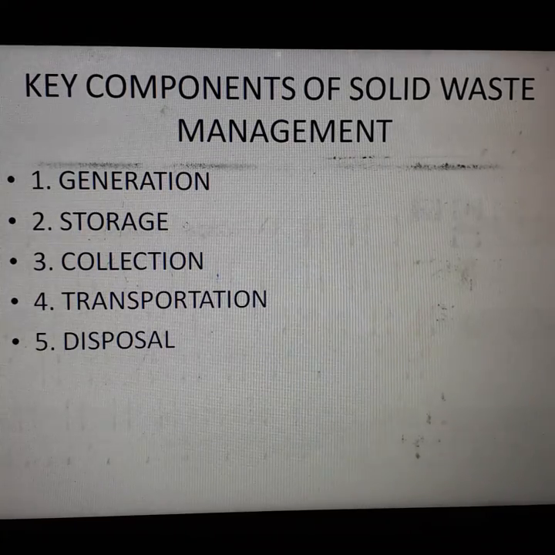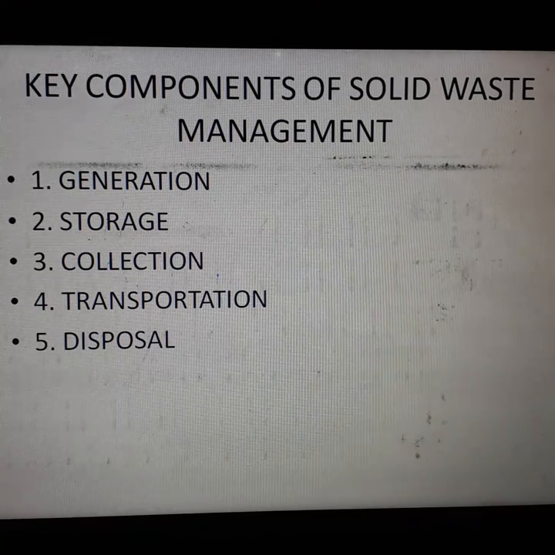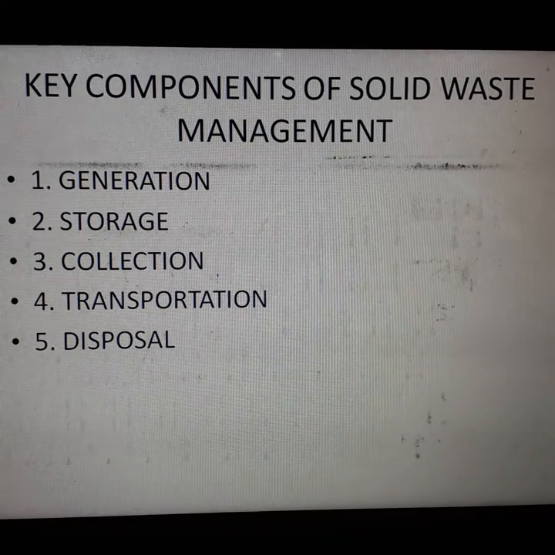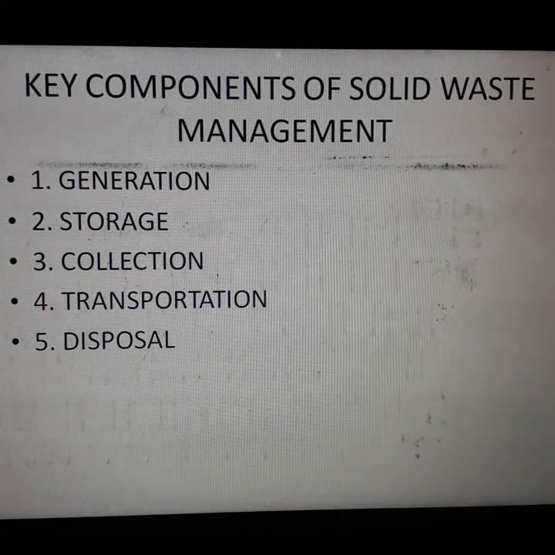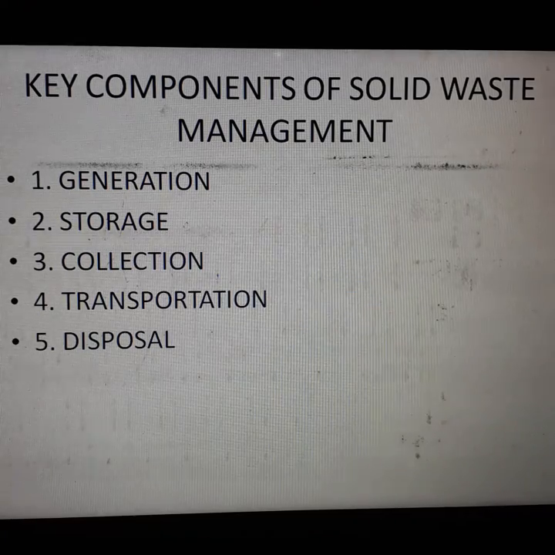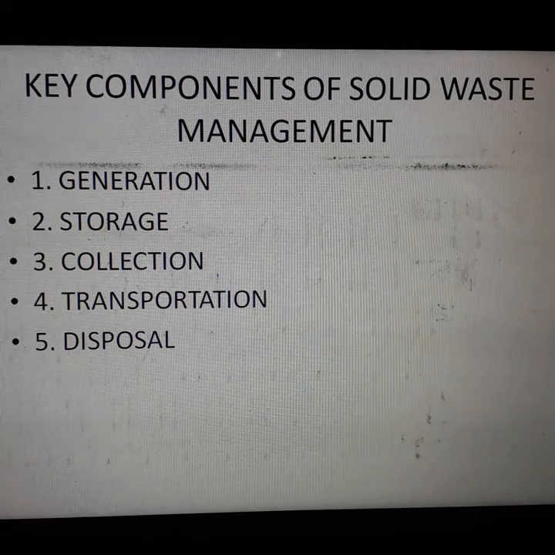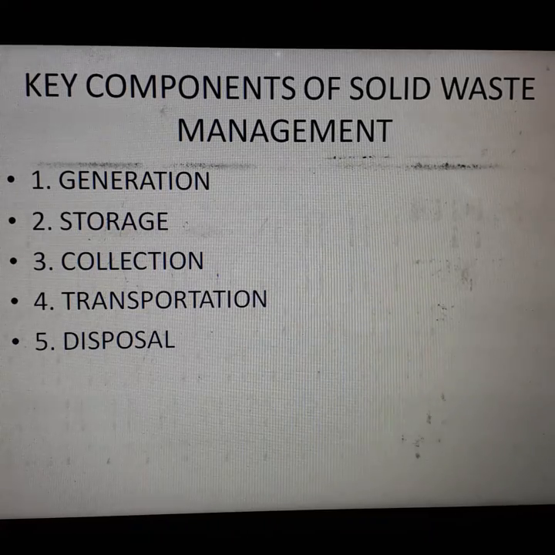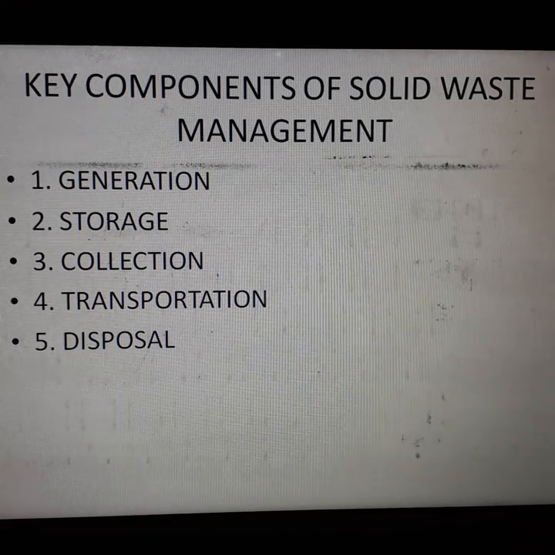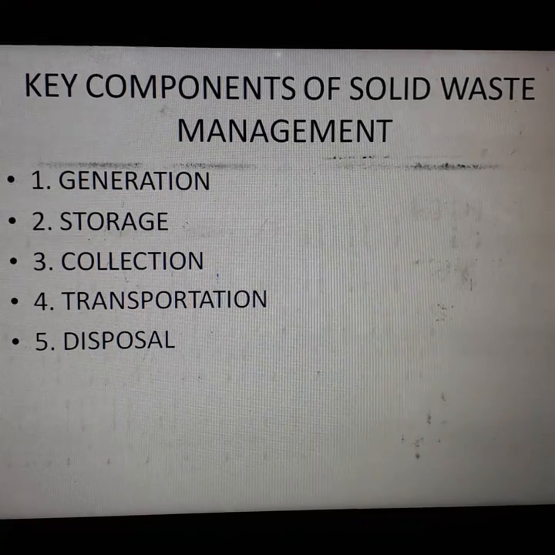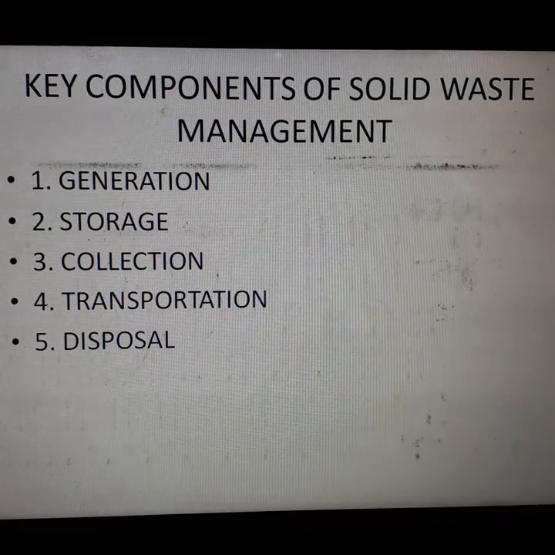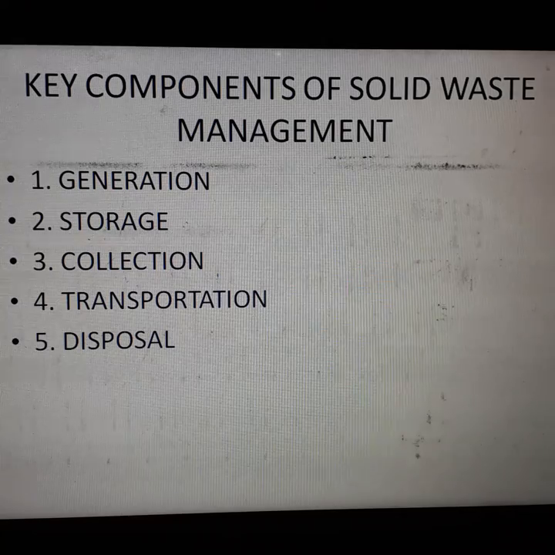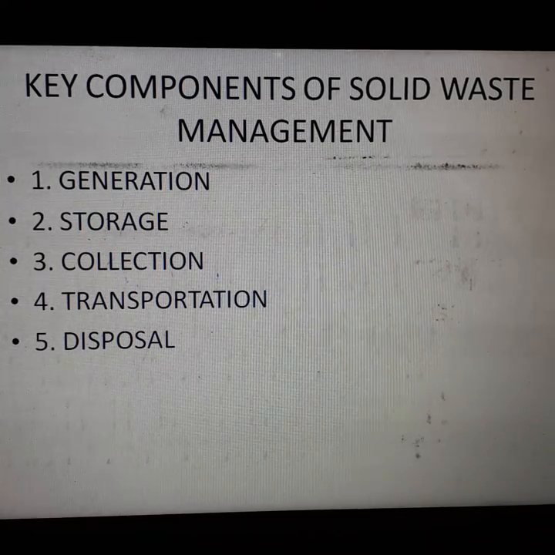This is the stage when solid waste is transported to the final disposal site. There are various methods of transport which may be adopted, and the chosen method depends upon local availability and the volume of waste to be transported.